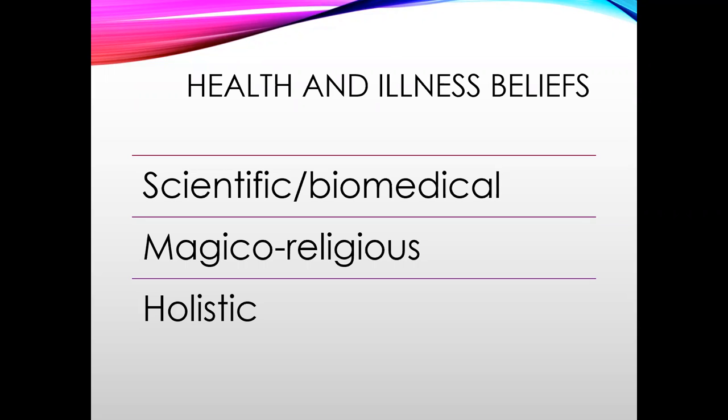One example is voodoo, which is practiced in some developing nations in Africa, Latin America, and the Caribbean. We can also have holistic, which can be similar to magico-religious, but it is focused more on the need for harmony and balance of the body with nature.